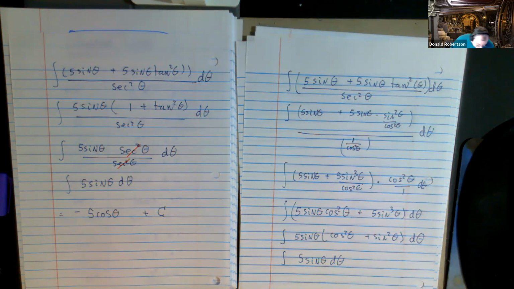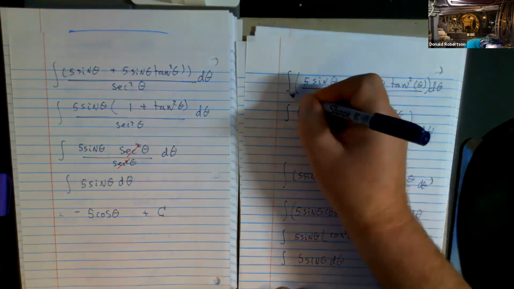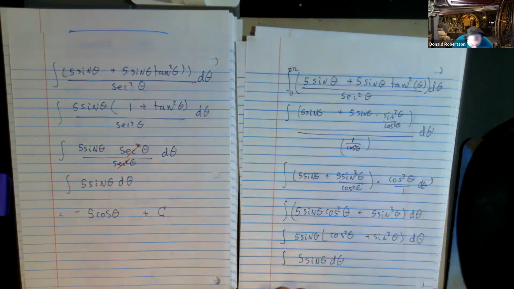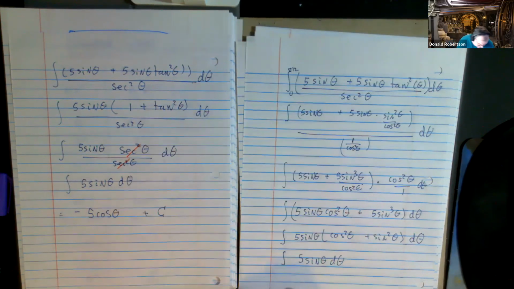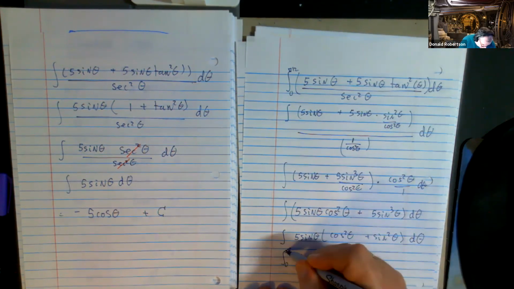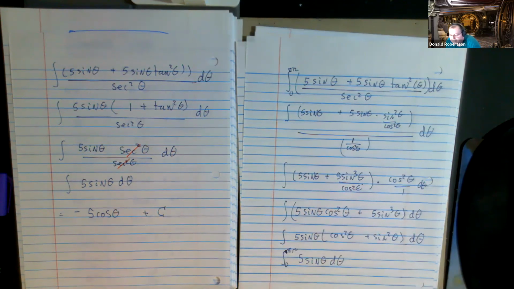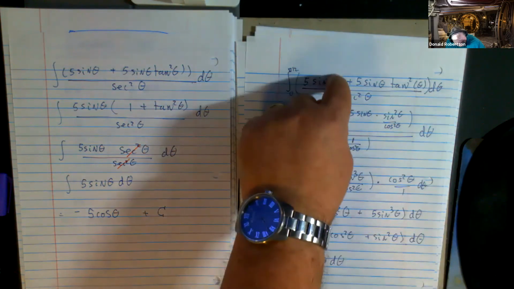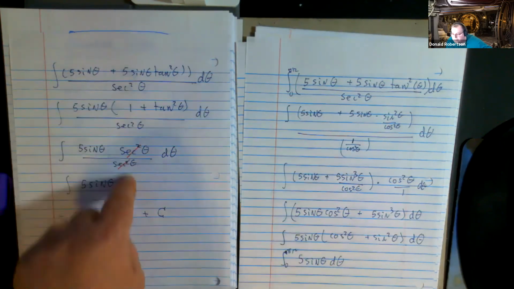Agreed? Now, if I stuck a 0 to pi upon 2, wouldn't this question now be a definite integral? But wouldn't all of this be the same working?